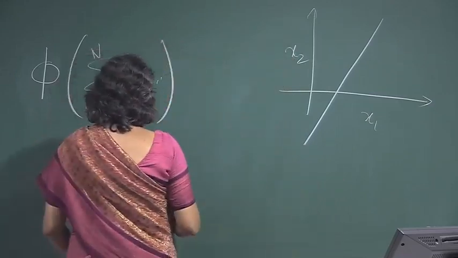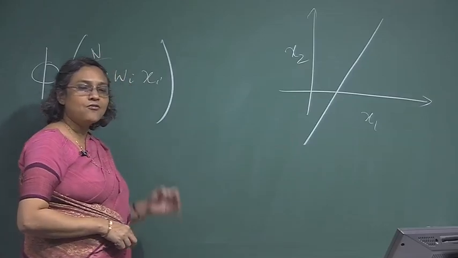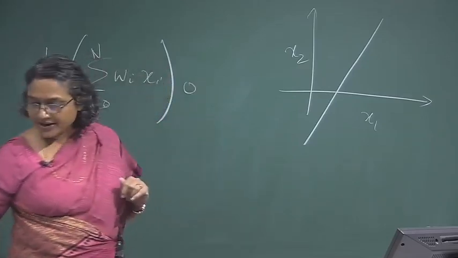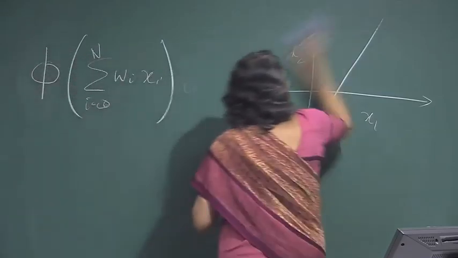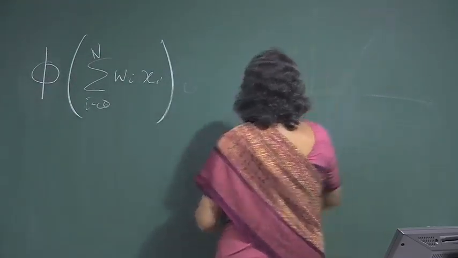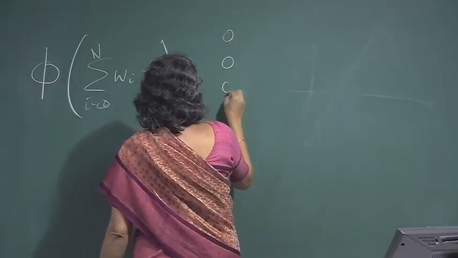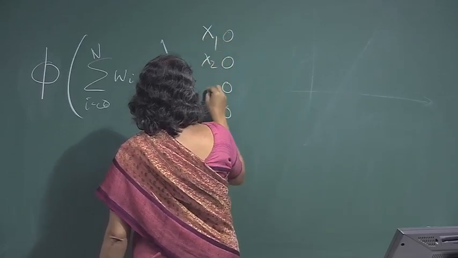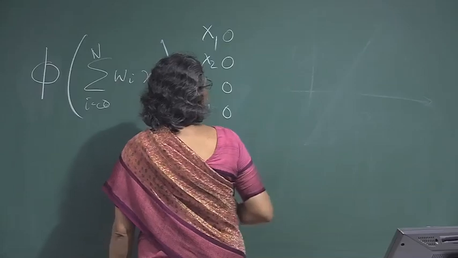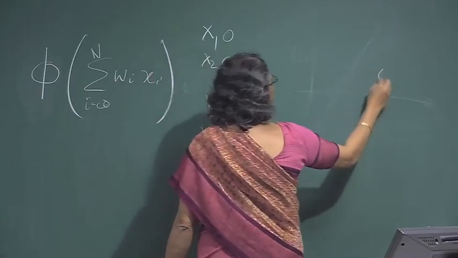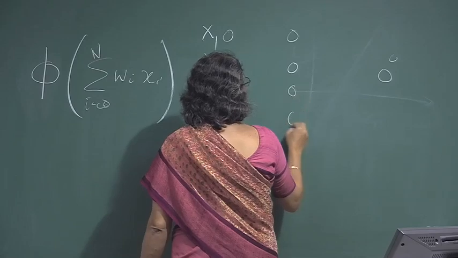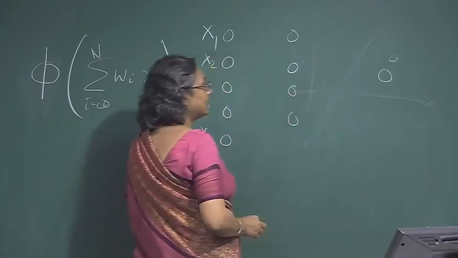Now, when we go for a multi-layer network, suppose this is the input, x1, x2, xn are the inputs, and this is the output, and we can have one or more hidden layers.